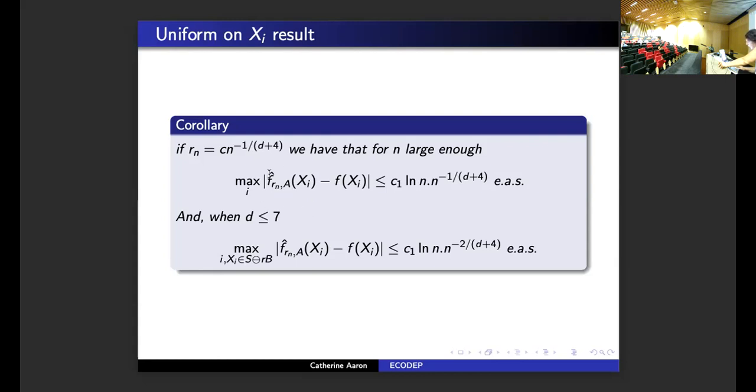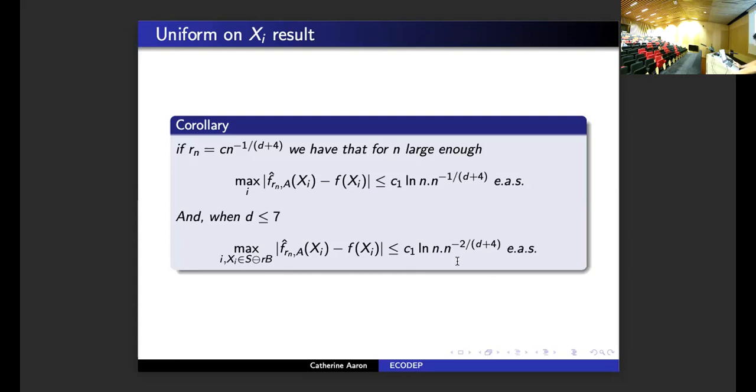And having a uniform result on observations allows us to estimate the level set of the density using exactly the same method as the one proposed for the support. So we have a uniform rate everywhere, and if I am far away from the boundary, I have better rates.